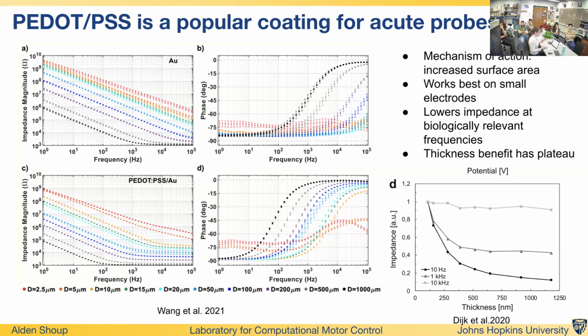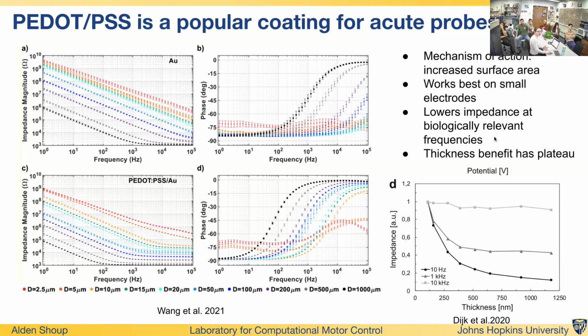In our recordings, we tend to look at signals in the action potential band between 300 hertz and about 6,000 hertz. In order to better get these signals, there is a conductive polymer, PEDOT:PSS, that lowers impedance at those particular frequencies, which leads people to believe that this is an improvement, which it is.